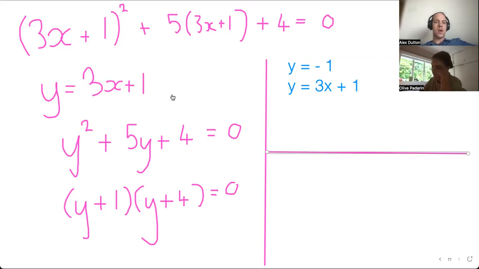So to find x, would you just substitute the 3x plus 1 with negative 1? No, you don't want to substitute it. You want to create this equation so that 3x plus 1 equals minus 1, and then you can solve it. Like y is just this intermediate step. It's just a placeholder value.